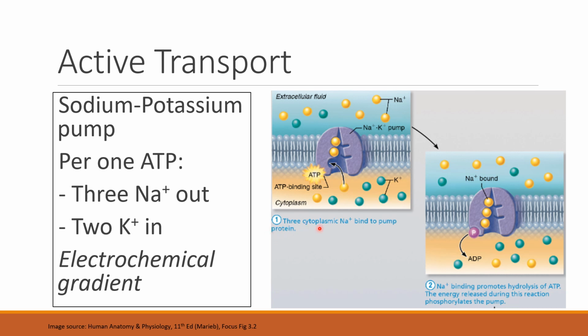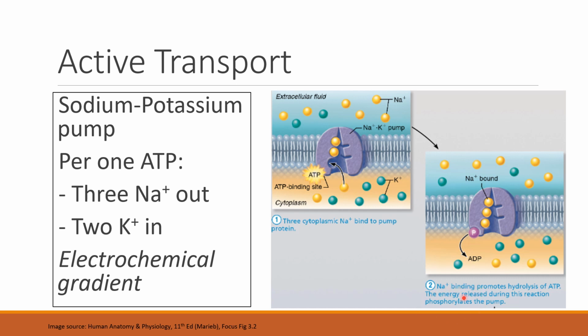Here's step one. Within the cell, these yellow dots, the sodium, will bind to this protein. Okay, it'll bind into there. Now, when that happens, sodium binding will promote the hydrolysis of ATP.